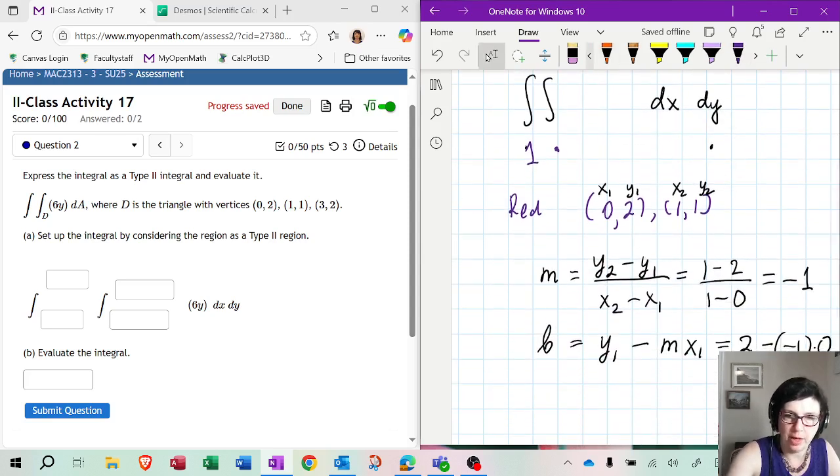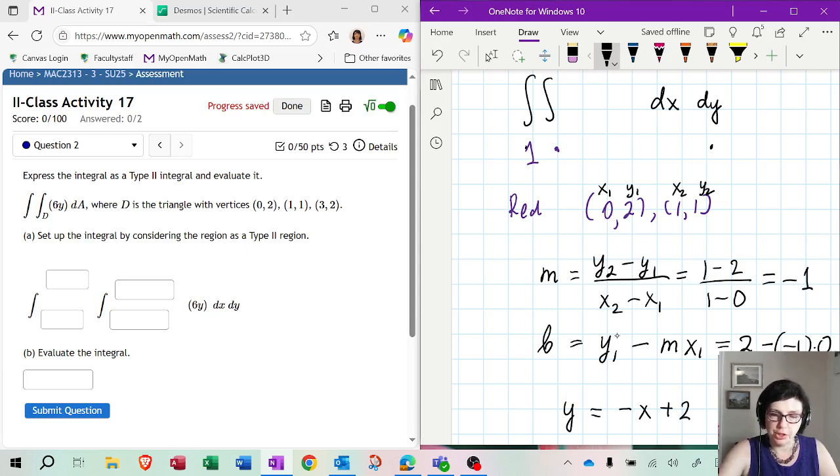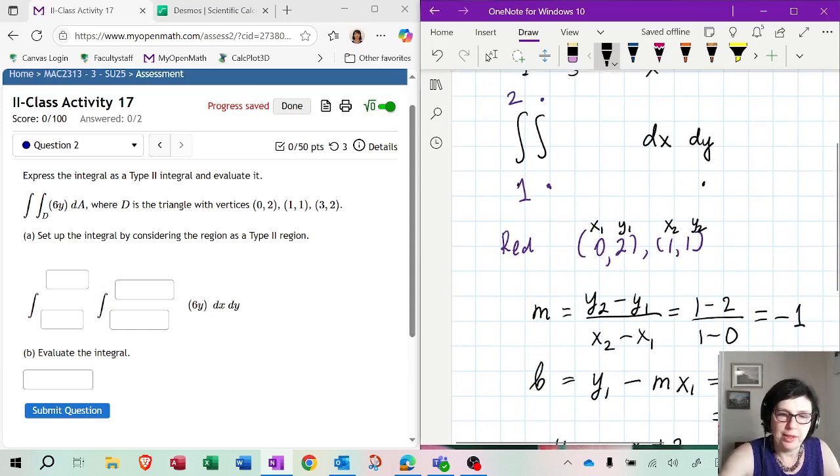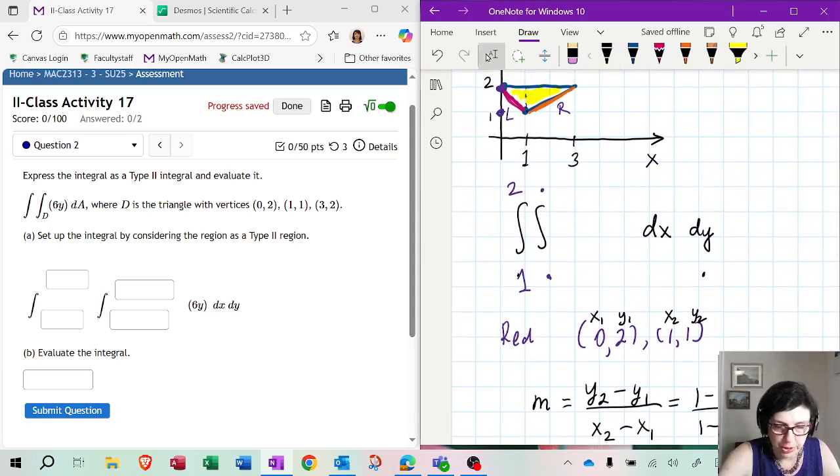So let's come up with this equation. We have y equals mx plus b, so that would be negative x plus 2. Now, here is the problem. Because the outside variable is y, unless this region is a rectangle, which it is not, the inside limits will not just be numbers.